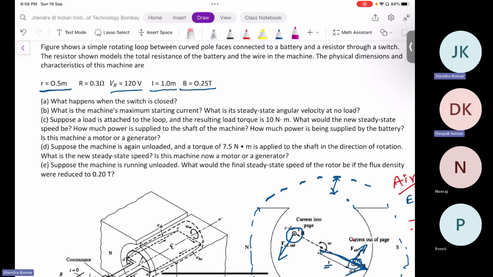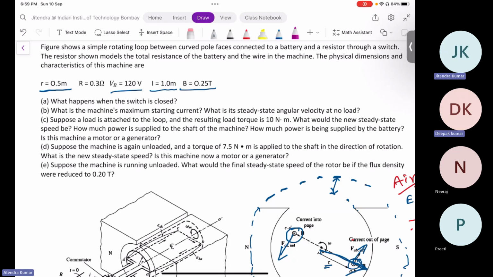And what will be its steady state angular velocity at no load? This is a bit tricky for you. At no load.